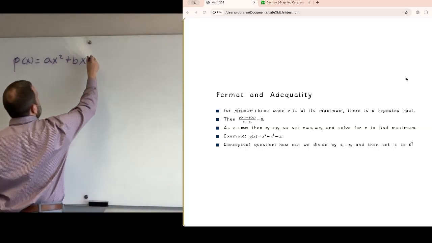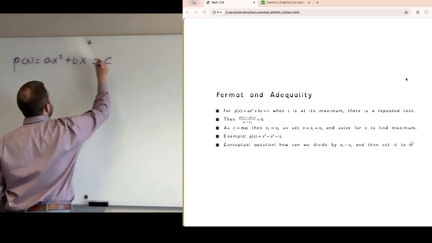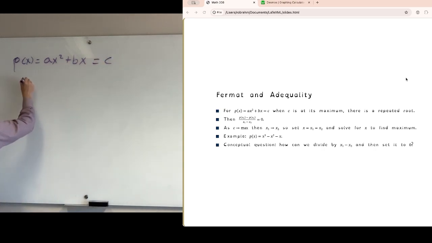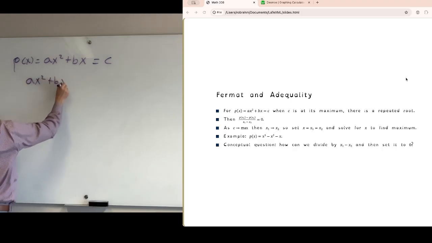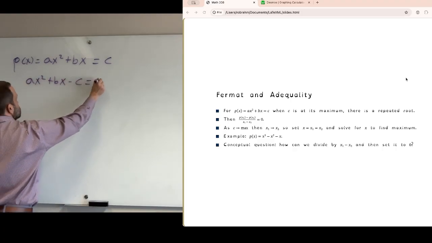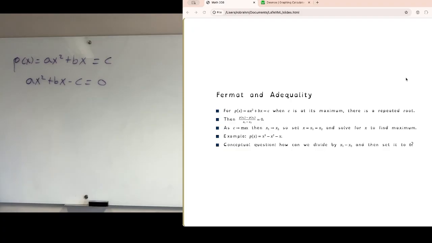And then if we set this equal to c, we can again write this as ax squared plus bx minus c is equal to 0. And we're going to have a very similar thing happen. I want to know what the biggest value c is here, or equivalently what the biggest c value is here.